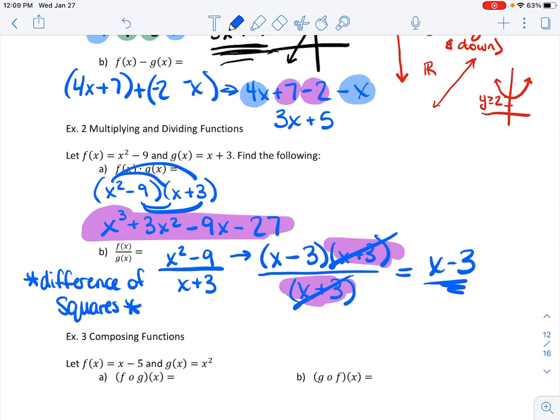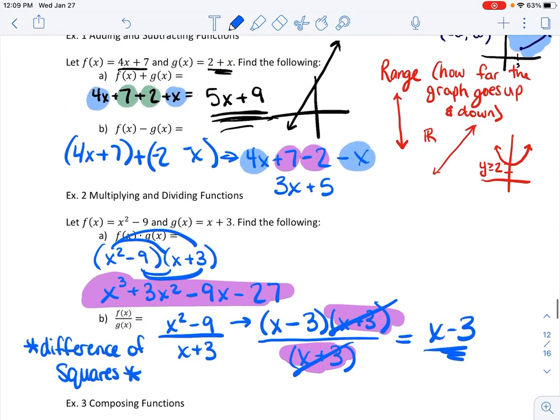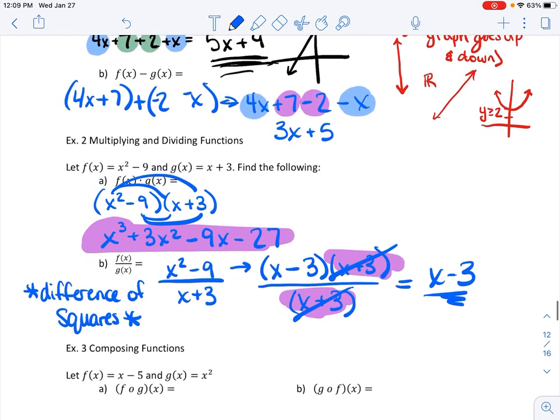Now if you are asked the domain on this problem, it is all real numbers because this is a linear. But there is a stipulation. If you were to plug -3 into this original equation, you would get a 0 in the denominator.